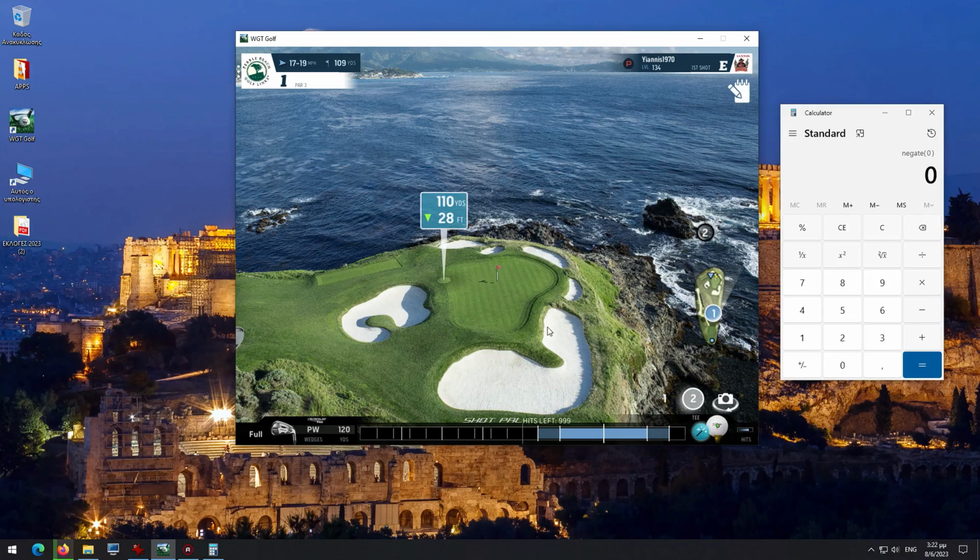It's about 3.1 or 3.2 for this length. No? So we'll go with 8 yards. 8 yards divided by 3.2, and we have 2.5 yards for every grid. No?